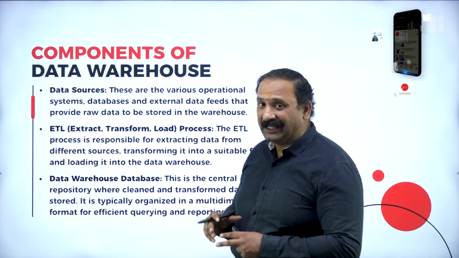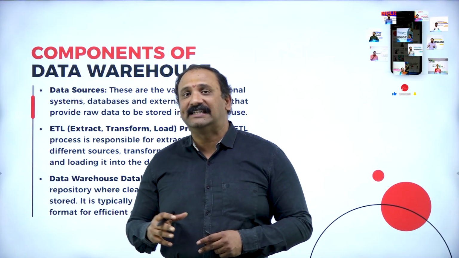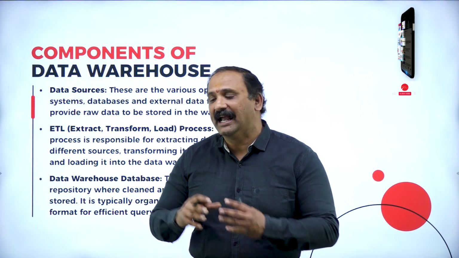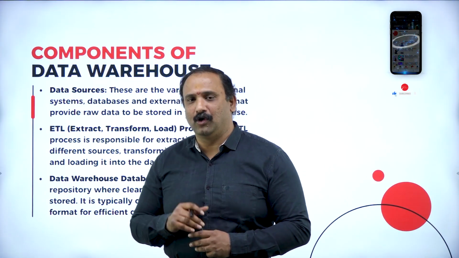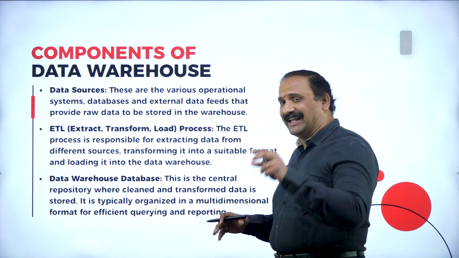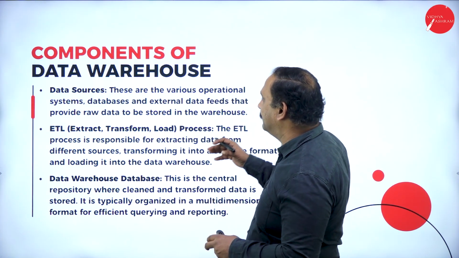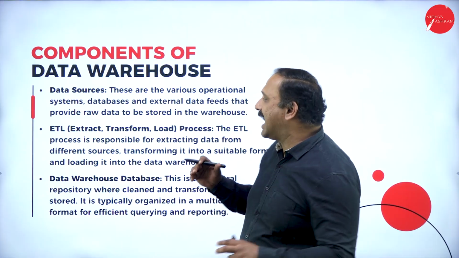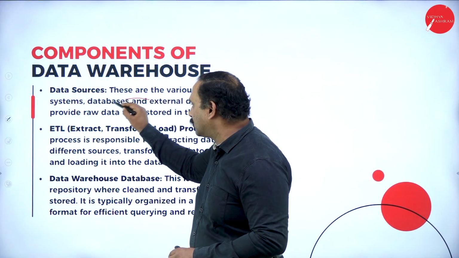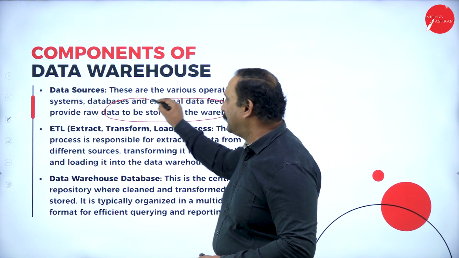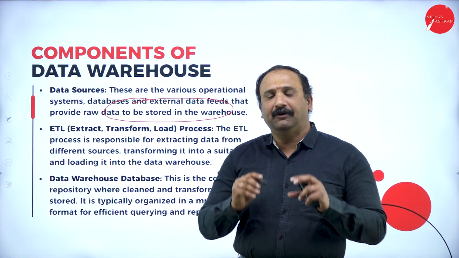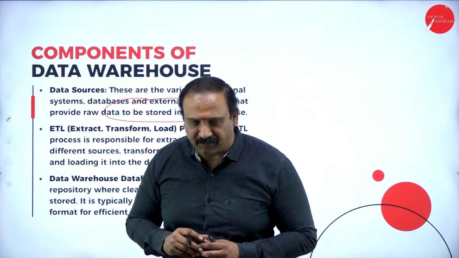Now, we all believe that data warehousing itself has become a very, very important component for all of us. Why? Because the data sources are available from both internal and external that feeds raw data to be stored into the warehouse. Now, typically, if you look into a warehouse, let's imagine it for a while.